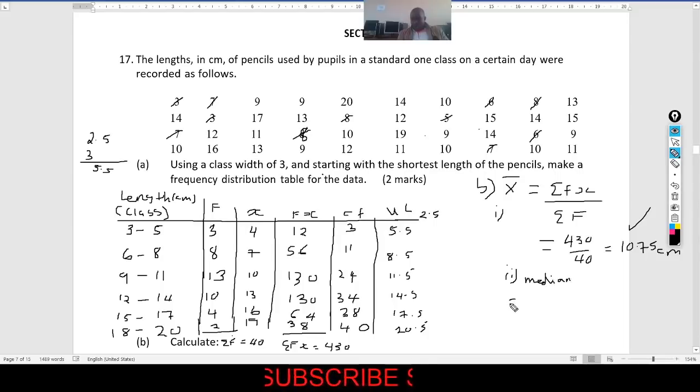Median equals the lower limit of the median class plus brackets, total frequency all over 2, because median is the middle, so it's divided by 2, minus cumulative frequency above the median class, all over frequency of the median class, then times the class interval, or times the class width.